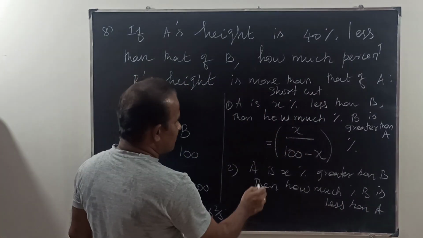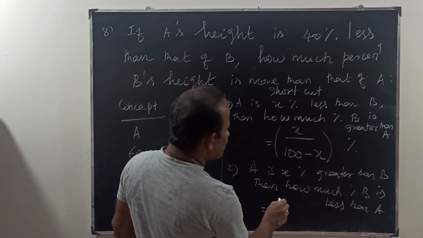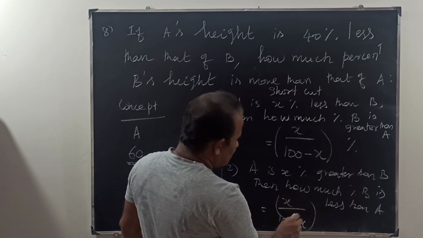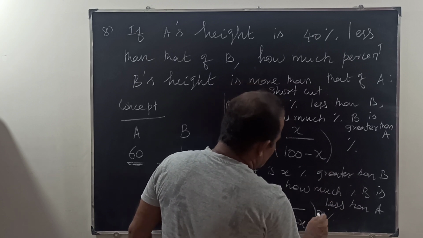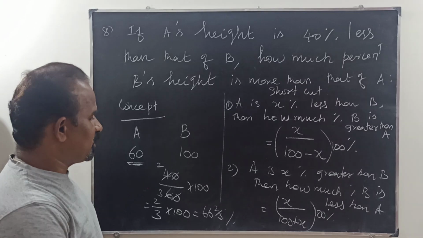The answer is, because less than means X divided by 100 plus X percentage into 100 percentage.